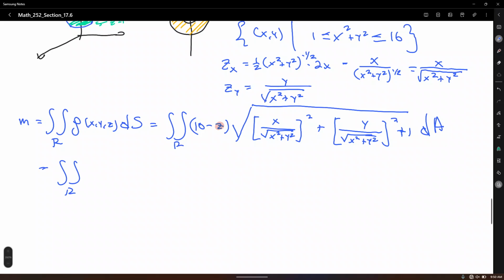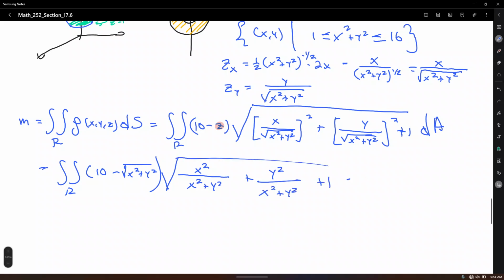That is 10 minus the square root of x squared plus y squared times the square root of x squared over x squared plus y squared plus y squared over x squared plus y squared plus 1, dA. The best news here is the denominator of the first two terms is the same, so we can combine them together, right?